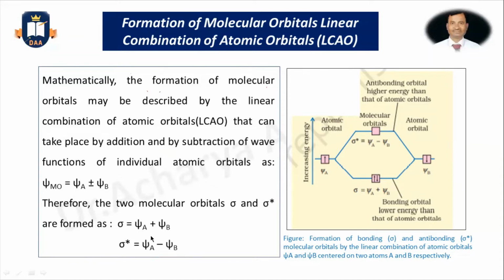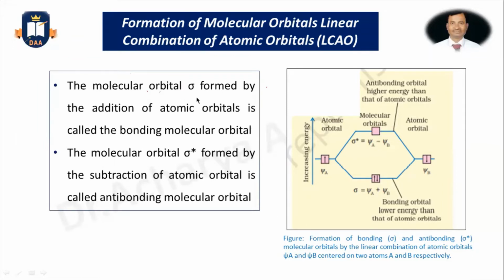When you subtract, psi A minus psi B, the molecular orbital is denoted by sigma star. So sigma is bonding, and sigma star is anti-bonding.